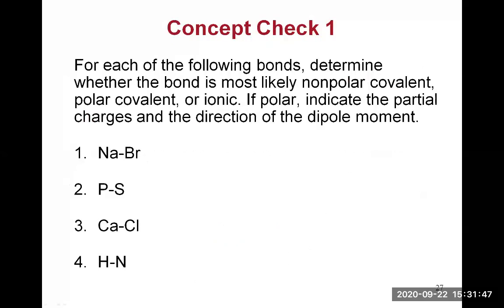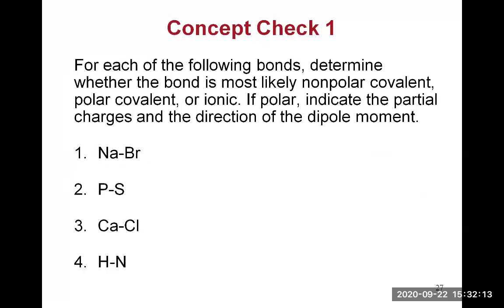So let's do a concept check to apply this knowledge. For each of the following bonds, determine whether the bond is most likely non-polar covalent, polar covalent, or ionic. If it is polar, you will need to indicate the partial charges and the direction of the dipole moment. So those dipole moments only are drawn for polar bonds, right?